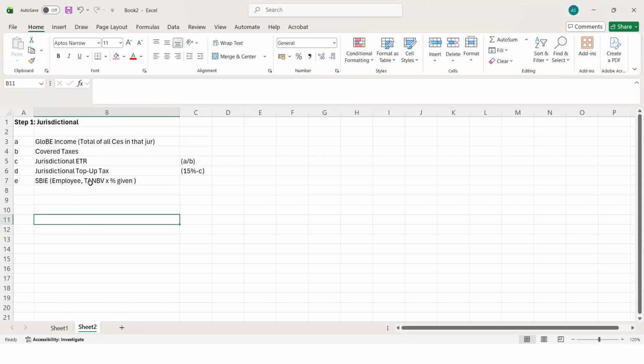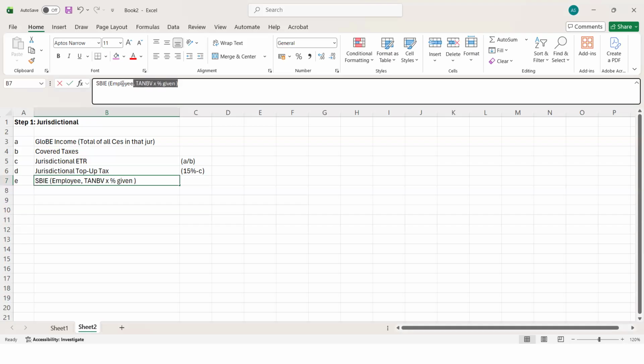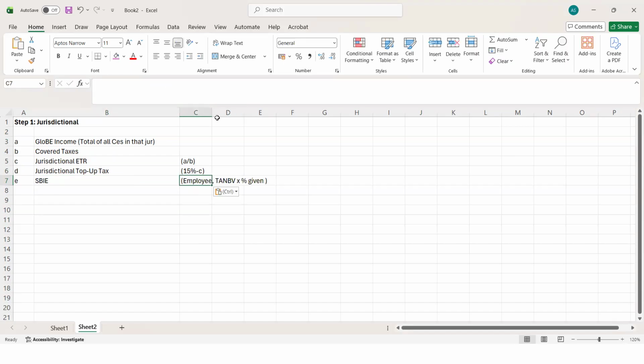So I would get the substance-based income exclusions. Yes or no? This I will paste here so that the formulas are all clear.